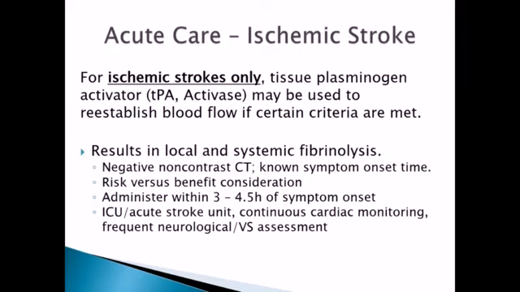If we don't, or heaven forbid, we see a worsening of the status, we worry that the TPA might have caused a bleed. Now not only do they have a blockage, but they have a hemorrhage as well. So that frequent assessment is critical.